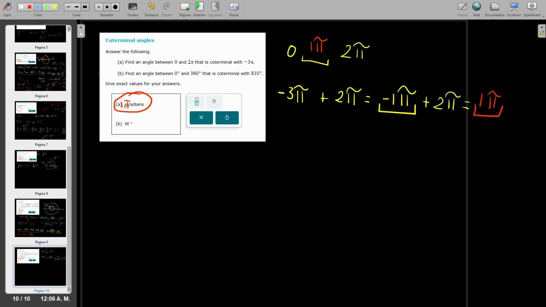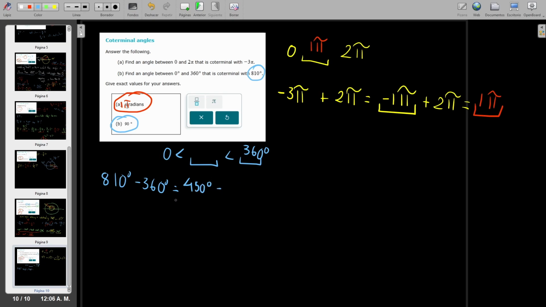Now we're going to be doing the same but with degrees. Number 2. The first angle they give us is 810 degrees. We need to find an angle that is bigger than 0 and smaller than 360. Is this one bigger than this one? Yes. So what do we do? We subtract. It's going to be 810 minus 360, which is 450 degrees.